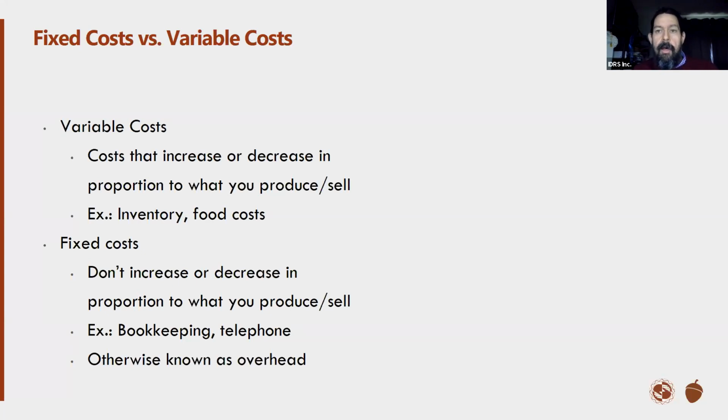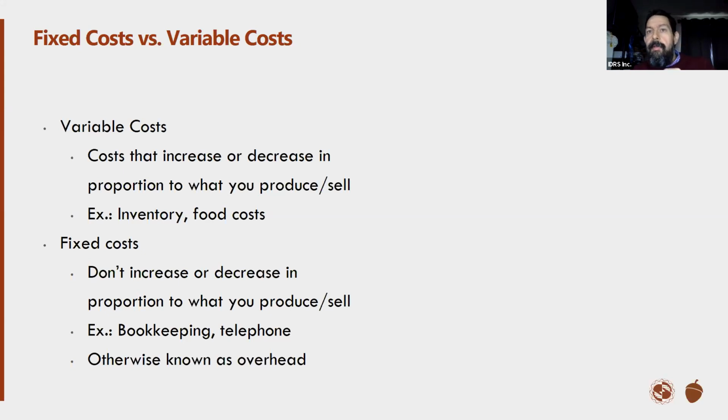But then a fixed cost is also utilities. And a lot of people will say, well, if I'm working all the time, the utilities are going to go up. Yes, that's true. And in a way, some people, especially in much larger businesses, will count some of the utilities towards variable cost.